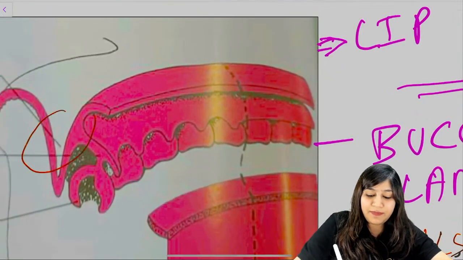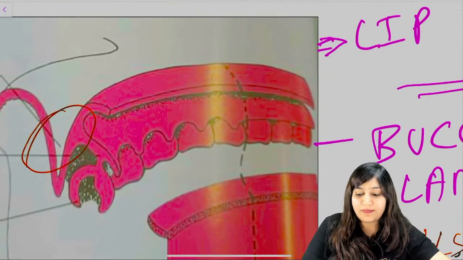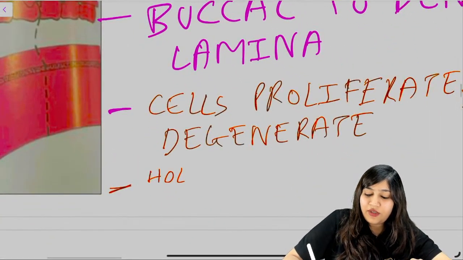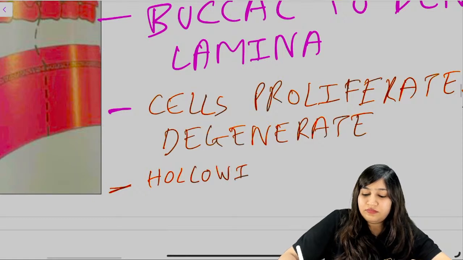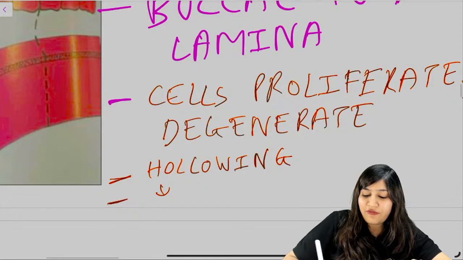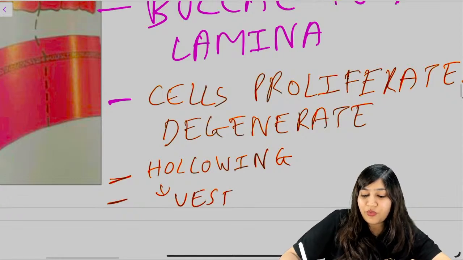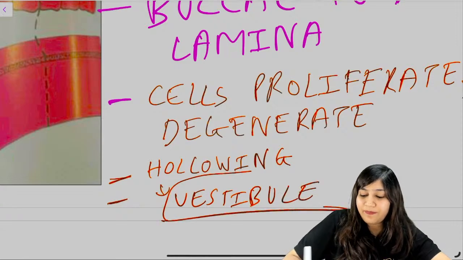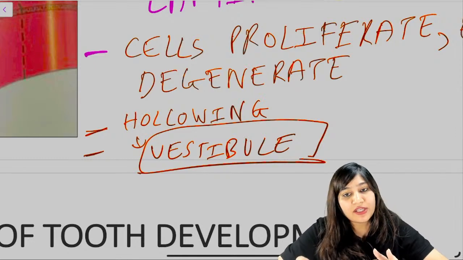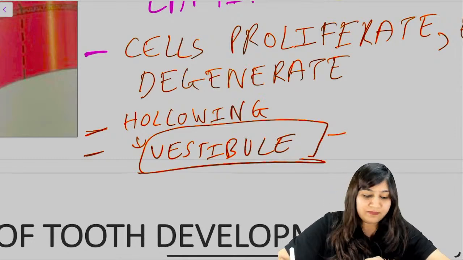Here we can easily appreciate a hollow structure. Leading to hollowing with the formation of vestibule. This vestibule is present where? Between the tooth bearing region and lips and the cheeks.